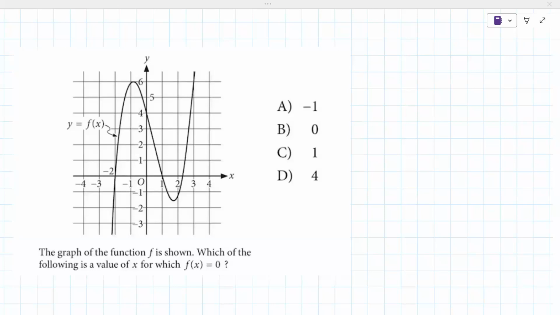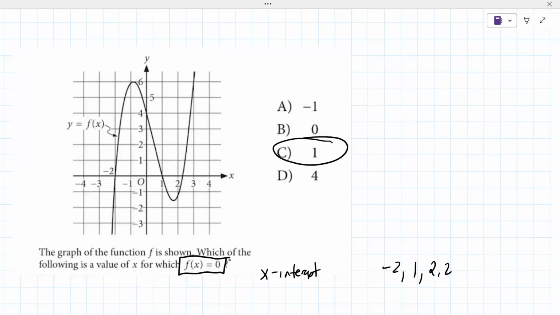Oh, D. All right, so f of x equals 0, is that the x-intercept or the y-intercept? Oh wait, no. It would be one. I mean C.